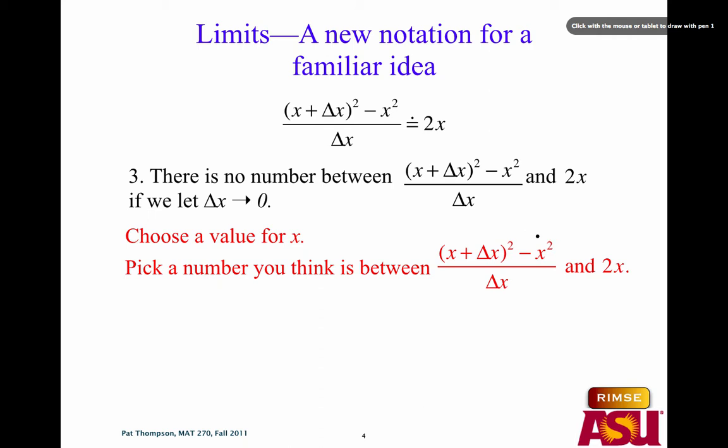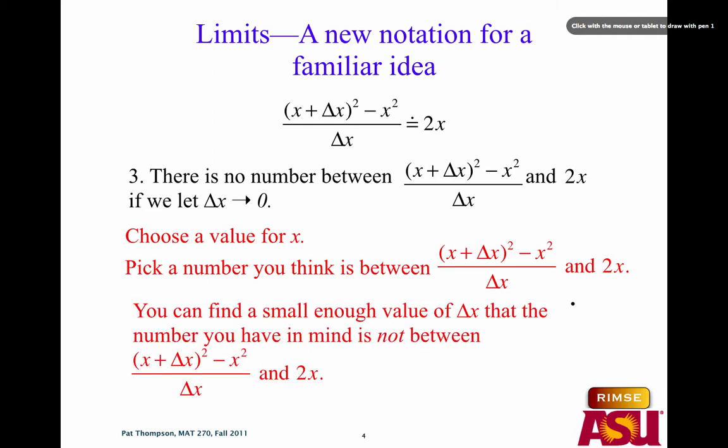Okay, but then I picked a number in between the value of the quotient and then the value of 2x, and I said, oh wait, I can pick an even smaller value of delta x that will make it so that the number I was thinking of is not in between the quotient and 2x.